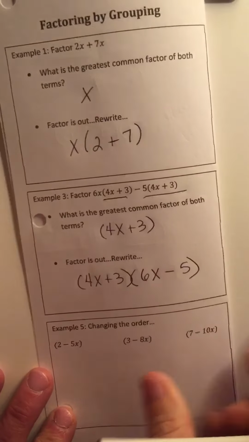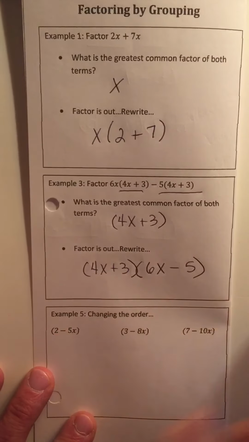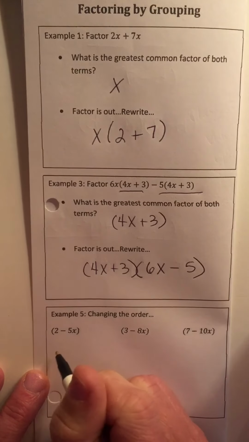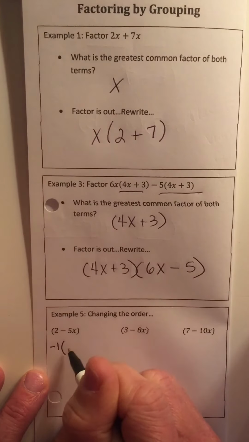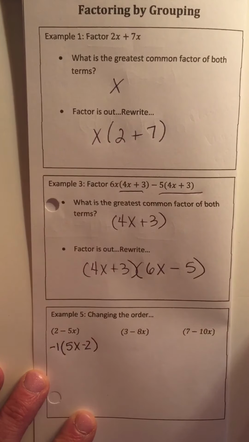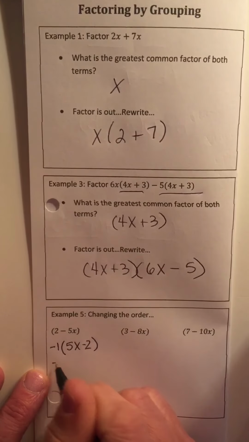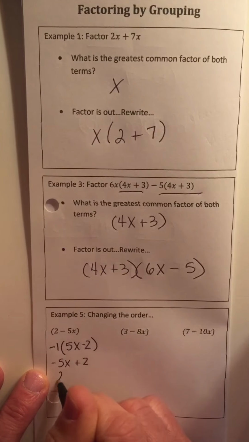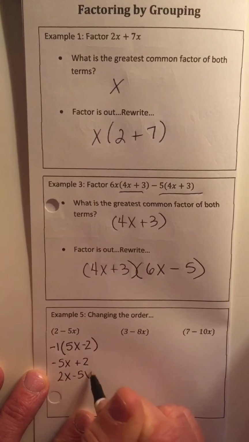In example 5, we want to be able to change the order in which the terms are written. If we want to change the order of 2 minus 5x, we're going to factor out a negative 1. It's 5x minus 2. If we distribute that negative 1 back in, that's negative 5x plus 2, which is the same as 2 minus 5x, where we started.